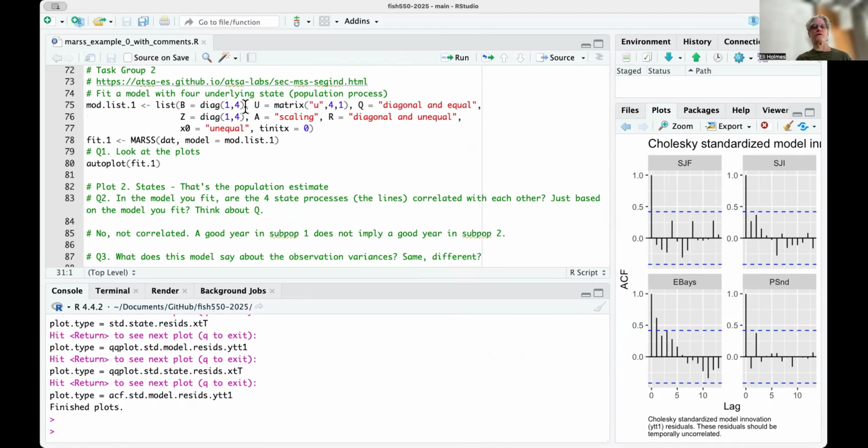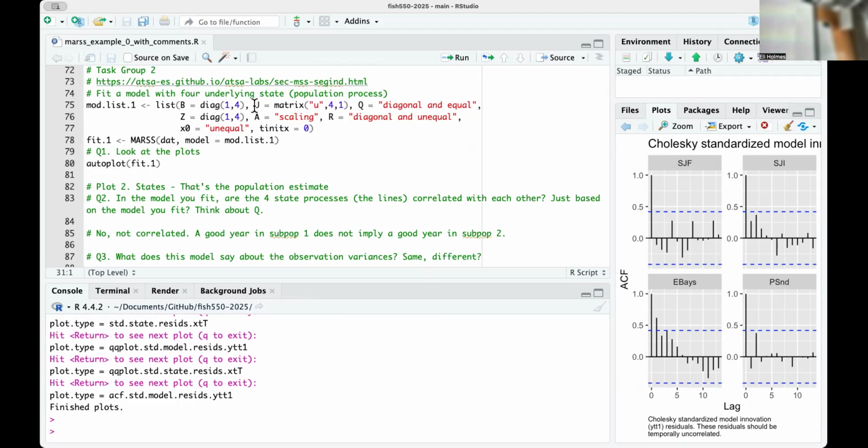Just as a note, the default is for B to be an identity matrix like this. Technically, I could have left that out and it will make that a diagonal. Our U matrix.